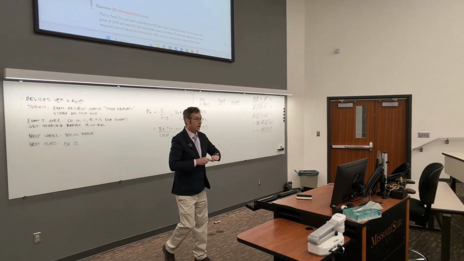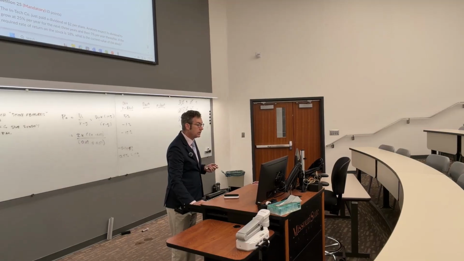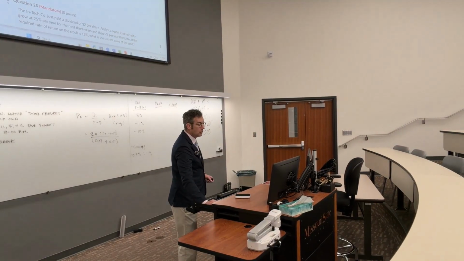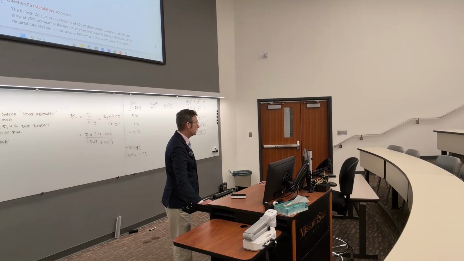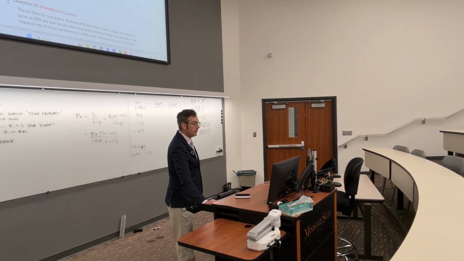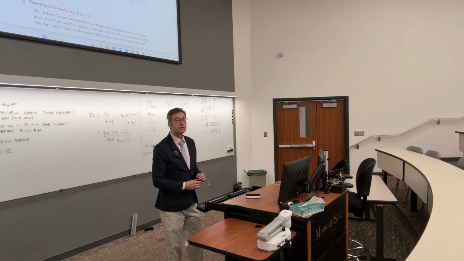Okay, so here we go. 2 times 0.93. Hopefully you can do that math in your head there. Divide by, open parentheses, 0.09 plus 0.07, close parentheses, equal $11.63.